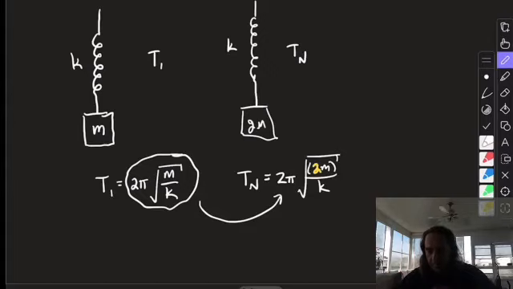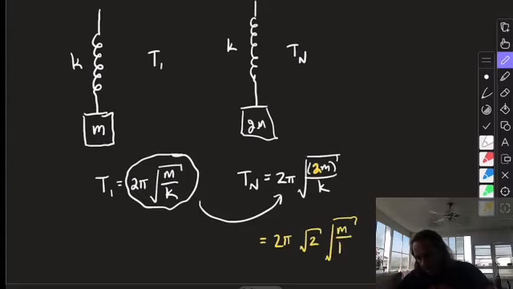So if I was to take the long way around that approach, I would probably write the next step looking like this. And this is just for the benefit of people who might feel a little disoriented by dealing with square roots at 10 in the morning on a Saturday. But I would separate out the square root of 2 from the square root of m over k.